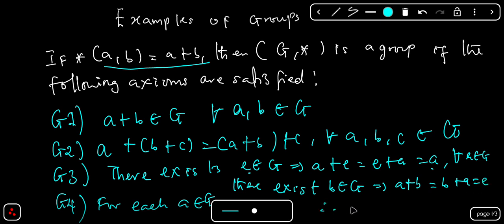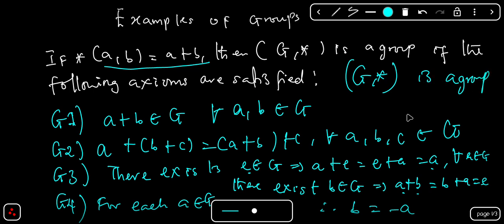That is, b is equal to negative a. If we combine a and b, we must have e, where b is the inverse of a, which is negative a. So take note of that. If these four properties are satisfied, then we say G comma asterisk is a group.